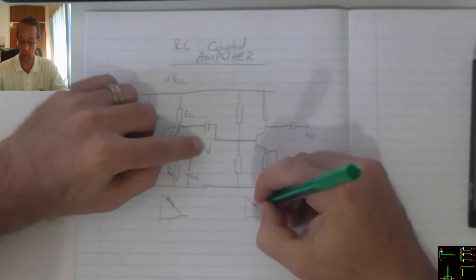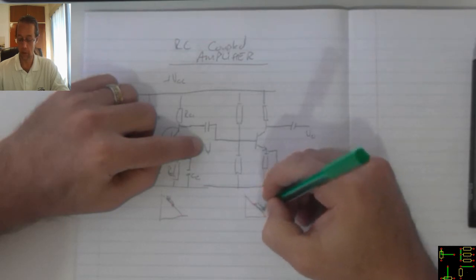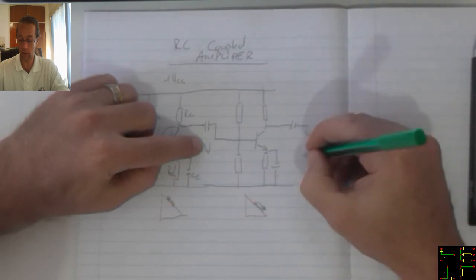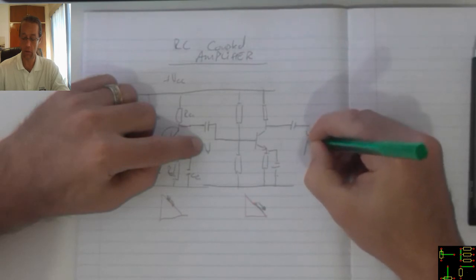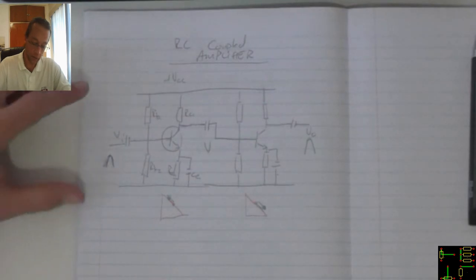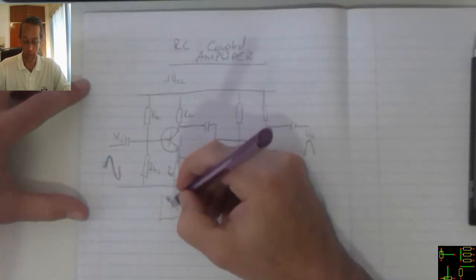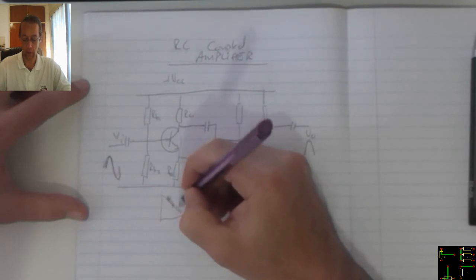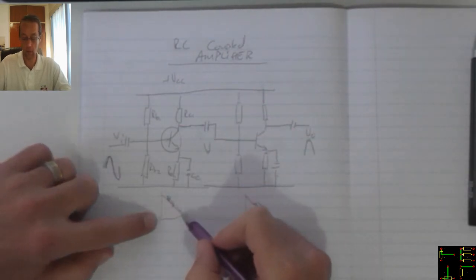Because of that negative voltage on this transistor, it turns more on, which moves its point of operation in that direction. So its voltage is increasing, and as a result my output voltage there will increase according to the gain. When I decrease this voltage, my area of operation will move in that direction, which means VCE is going to increase.